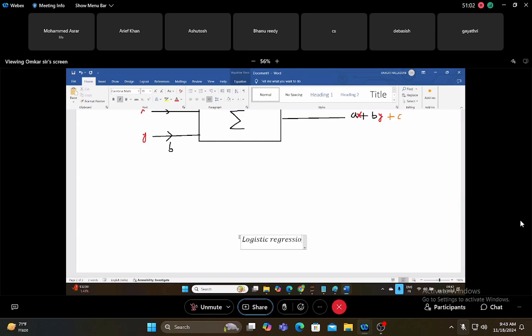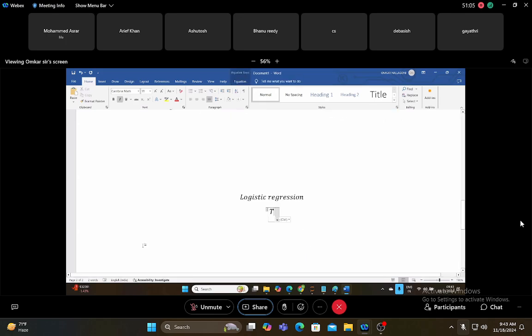Tell me the correct one. 1 by 1 plus e to the power of minus x, that is equal to P of y. P of y is equal to beta naught plus beta 1 into x1 plus beta 2 into x2. Correct? Let us see the step by step procedure.